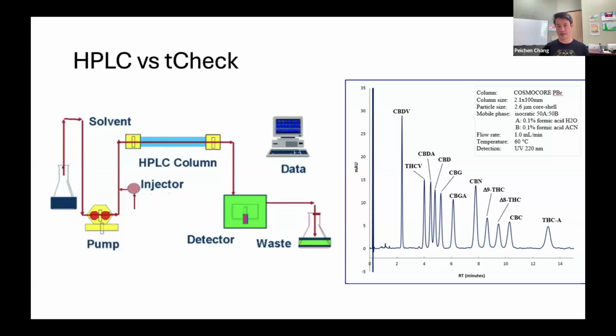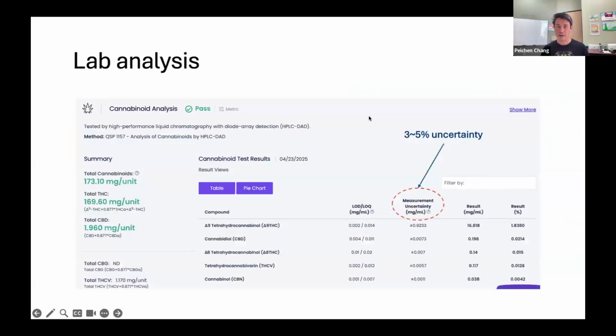Now, going on to the next slide. This is an example of the results, the certificate of analysis that we get from our ISO accredited lab. You can see here that this particular sample was 16.8 milligrams per milliliter.